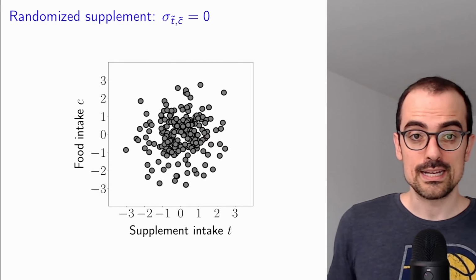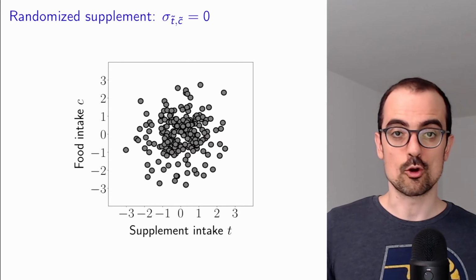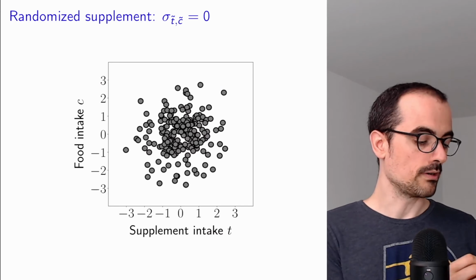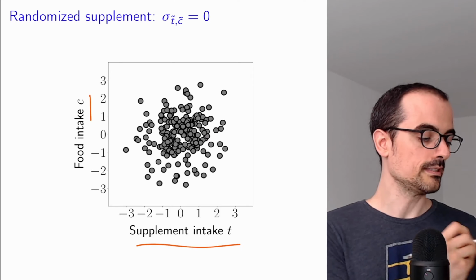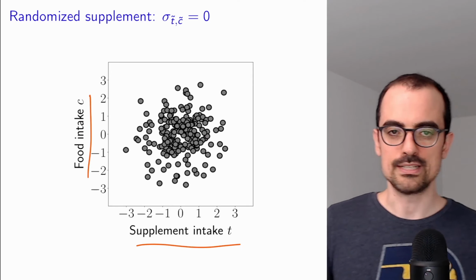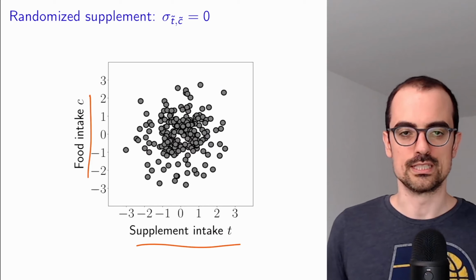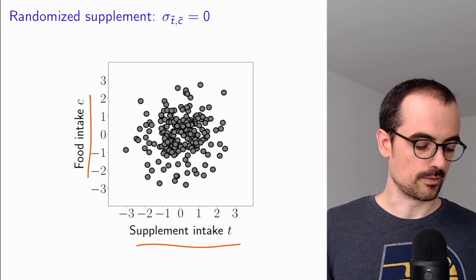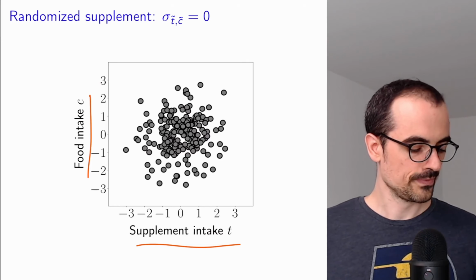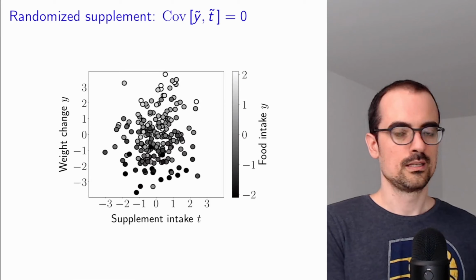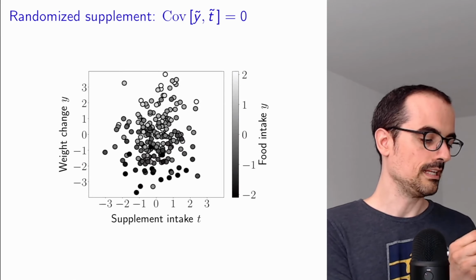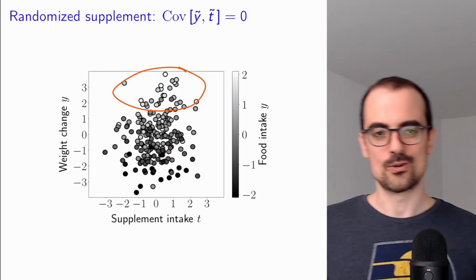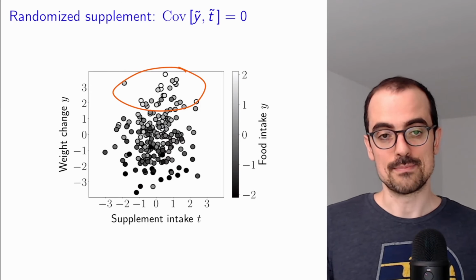If we randomize, then we break the correlation between the treatment and the confounder. We break the correlation between the supplement intake and the food intake. The guinea pigs that are eating more supplement are not eating more food systematically or less food systematically. This is pretty clear from the scatter plot. The covariance is 0. So as a result, it doesn't happen that the guinea pigs that are eating more food are eating more or less supplement, again, systematically.